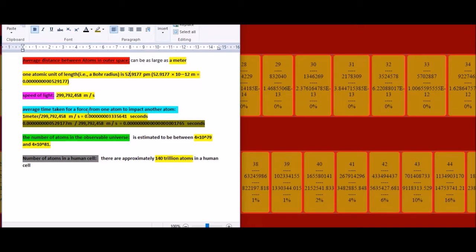Now, the average time taken for a force from one atom to impact another atom: let's say you're an atom in space, and your nearest neighbor is 1 meter away. Now you exhibit a force. Let's say you move sideways.